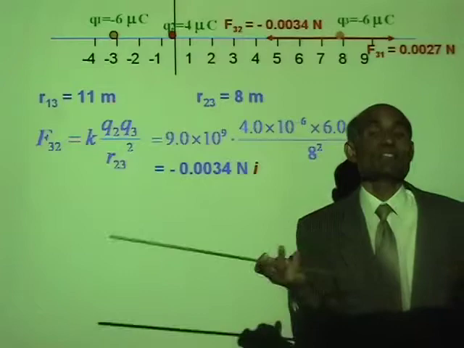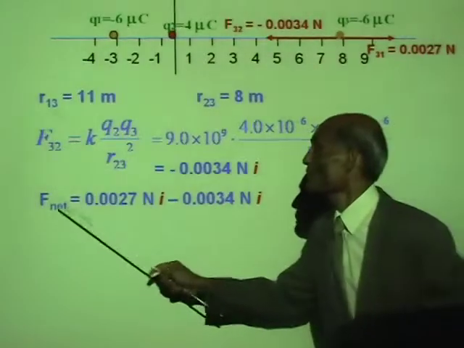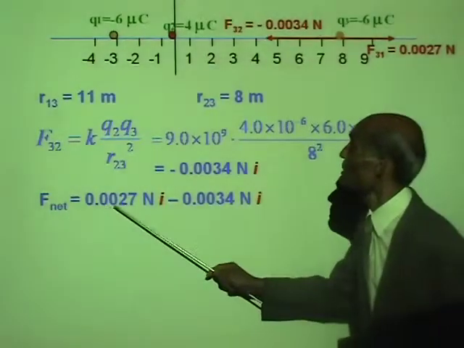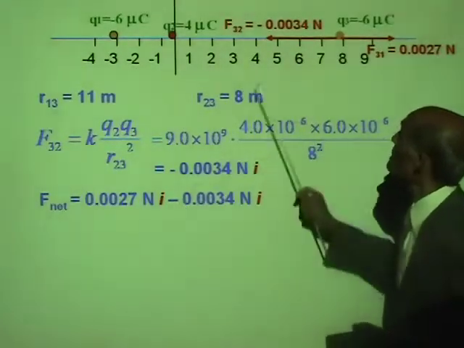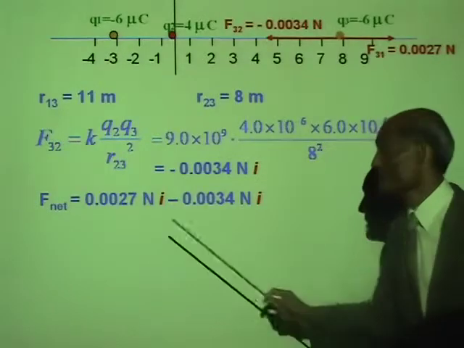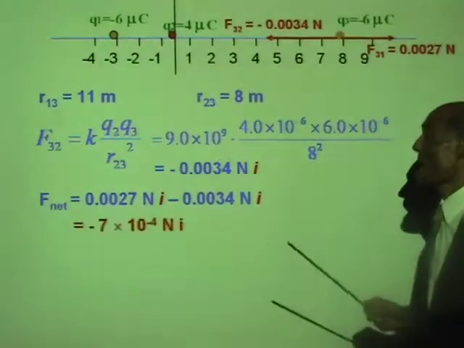And now, the two forces on Q3, one is a positive x force, the other is a negative x force. It is not difficult to add them. So, therefore, the net force on Q3 is 0.0027 Newton I minus 0.0034 Newton I. Since they are both x forces, we can simply add them.